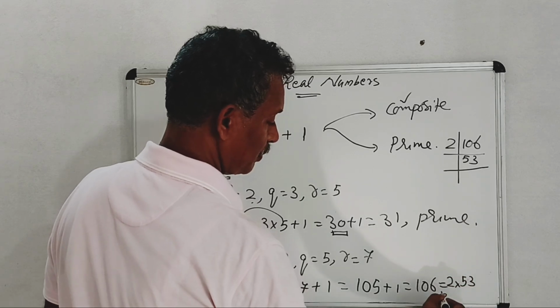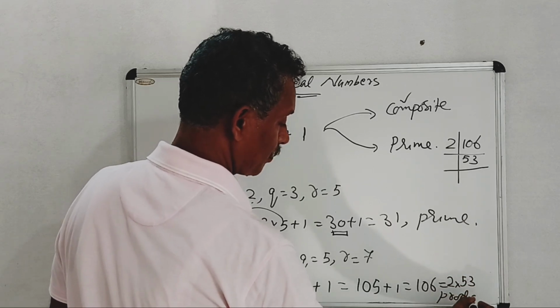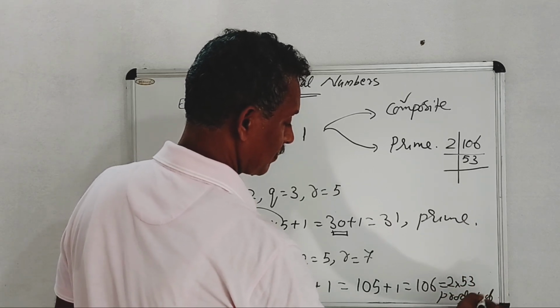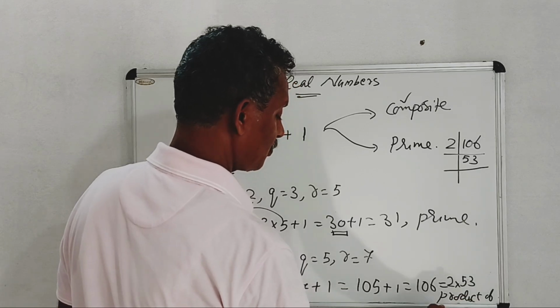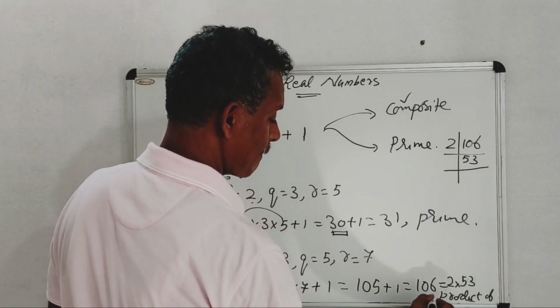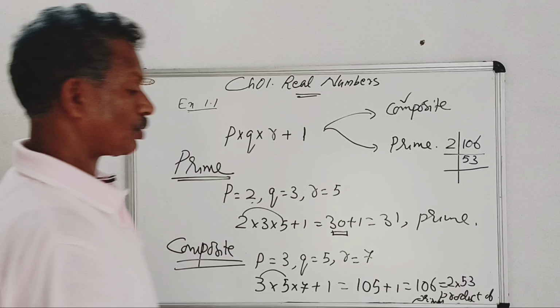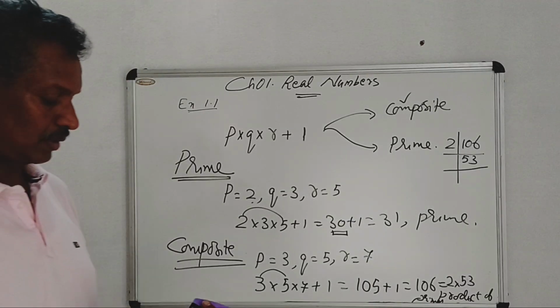It's a product of primes, so it is composite. Okay, this way we can do this.